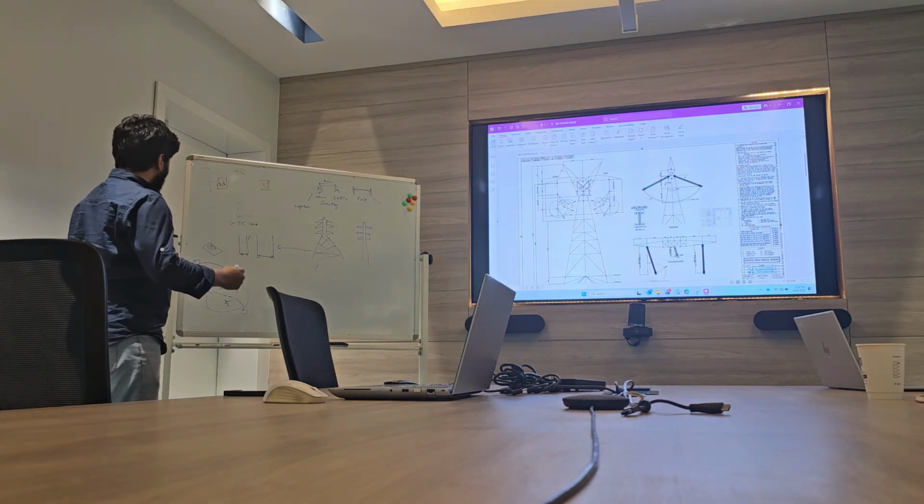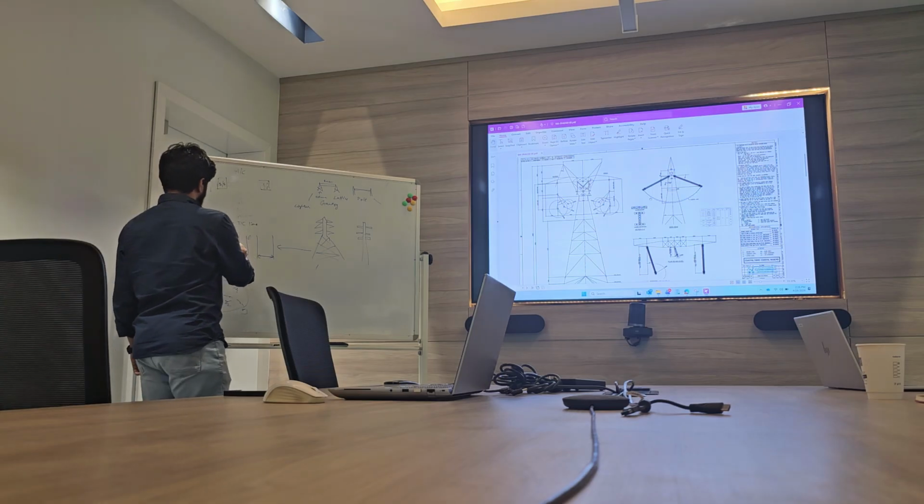Okay, so now how will I connect from the gantry to one tower here?